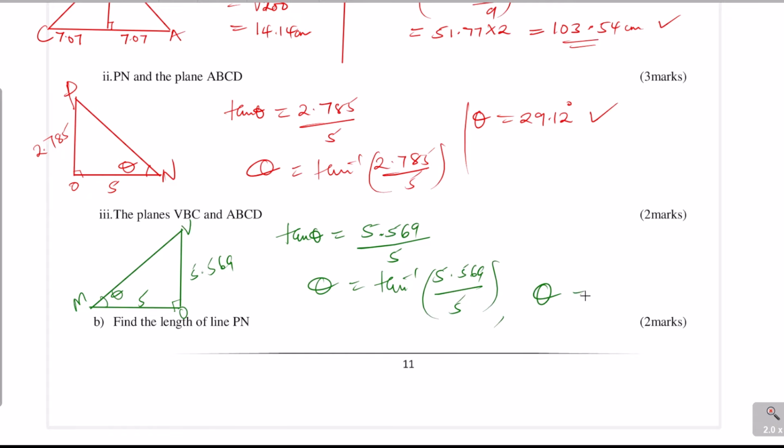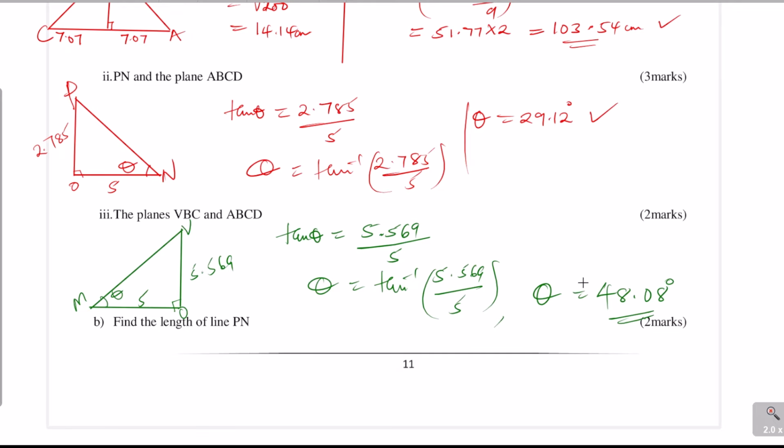And this gives 48.08 degrees. So that is the way you're supposed to solve that part.